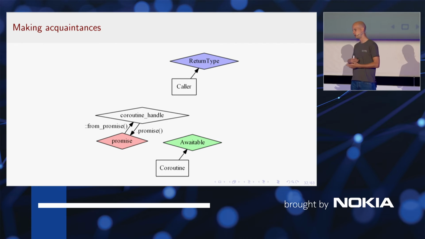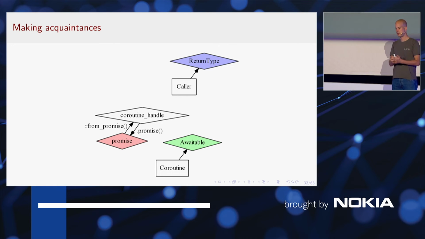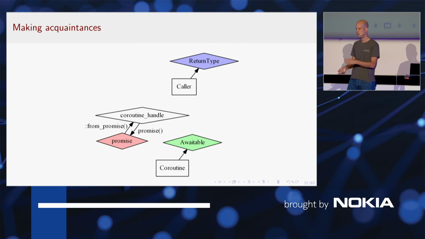That's the connection there. Similarly, the coroutine always has access to the awaitable, because that's what we call co_await on, right? And the co_await call, that is the main thing that happens in a coroutine that makes it a coroutine. We've also seen that the promise and the coroutine handle are sort of interchangeable because we have these conversion functions that allow us to go from one to the other.